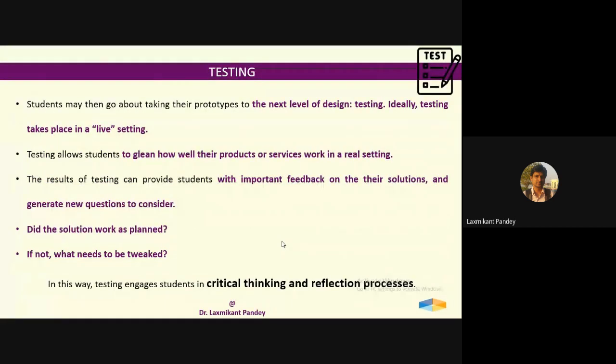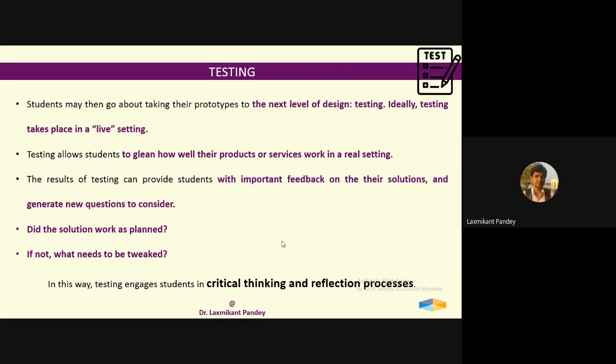Students may then take their prototypes to the next level of design, testing, ideally taking place in a live setting. Whatever solution they come up with, they are going to test in the lab. For example, if the problem is science related, they are going to perform different sets of experiments in the labs.